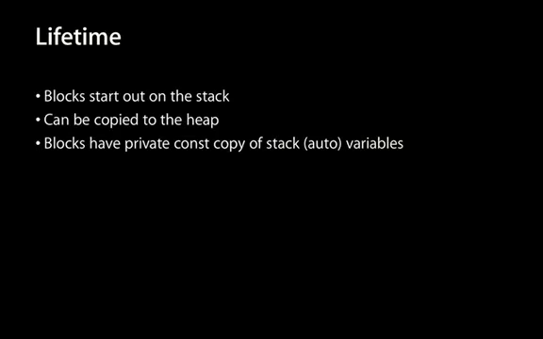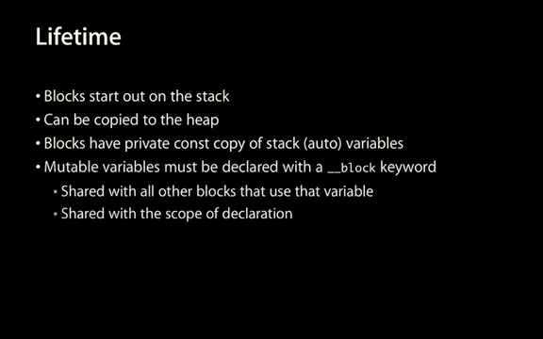Being a const is good for 90% of your uses, but every now and then you need to mutate something and hand it back to the caller. And in that case, we have a new storage class called __block. These variables are shared both with the stack that uses it and any blocks that reference that variable.